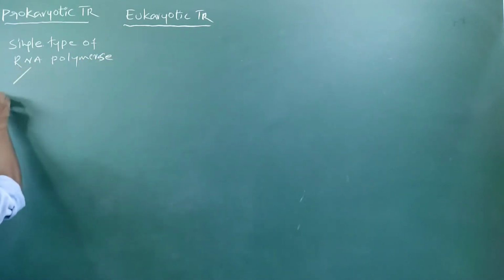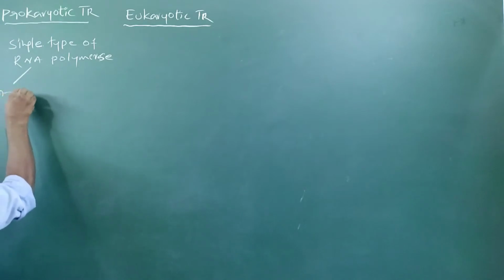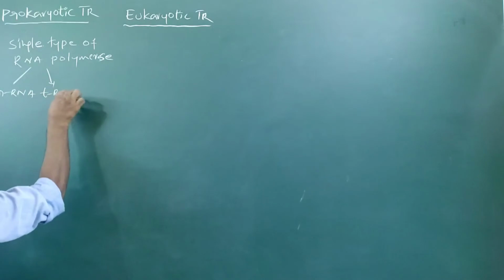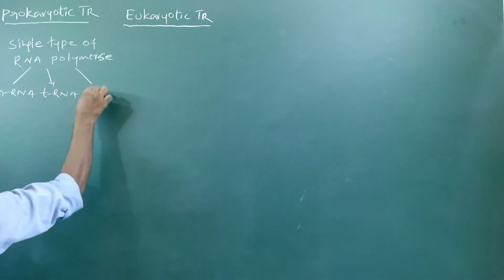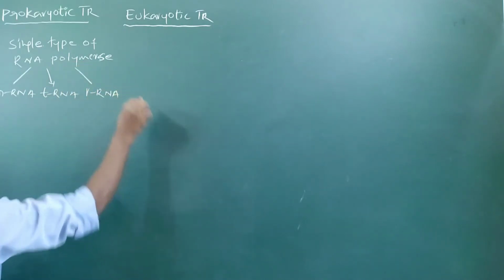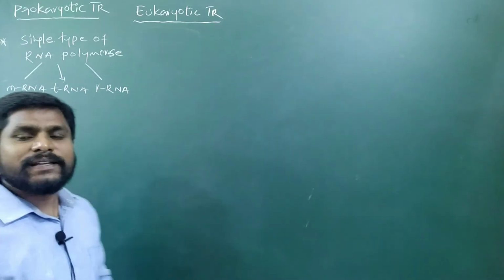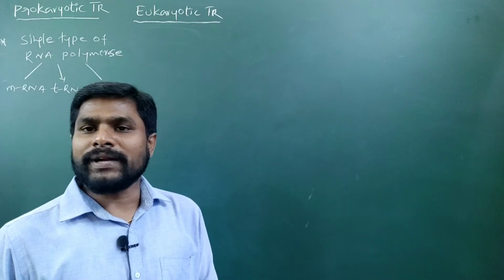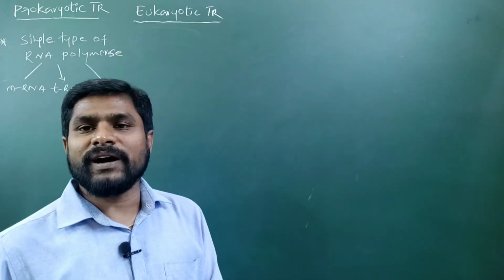It can transcribe the mRNA molecule, and it can also transcribe the tRNA and the rRNA molecules. But eukaryotic transcription requires three different types of RNA polymerases to transcribe three different types of RNA molecules.